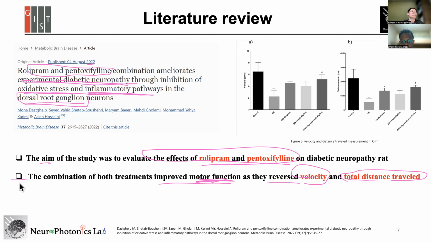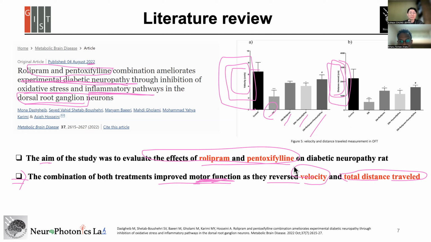Okay, I guess this is the point you want to point out. So control, this drug combination, 3 drug combination diet. So here the most important is velocity, okay? And distance traveled or moved.